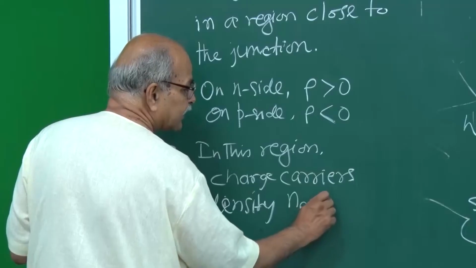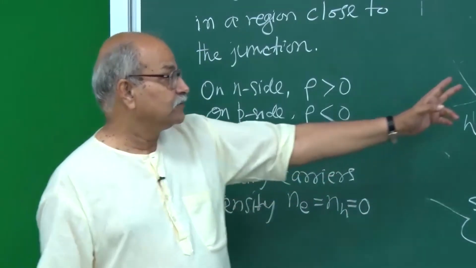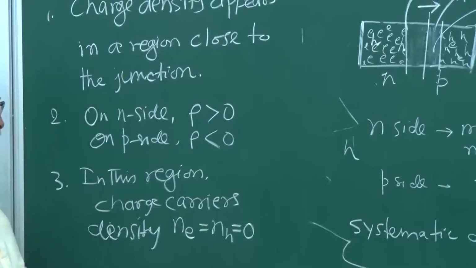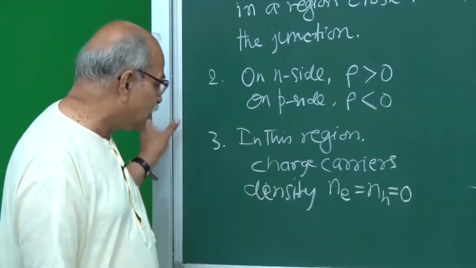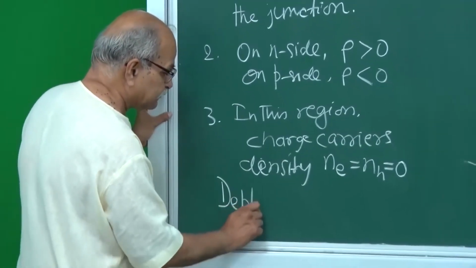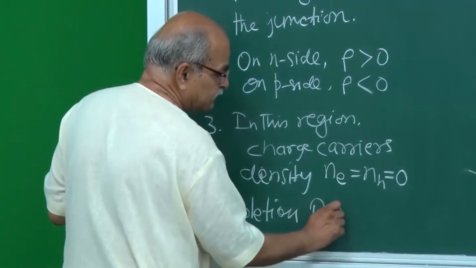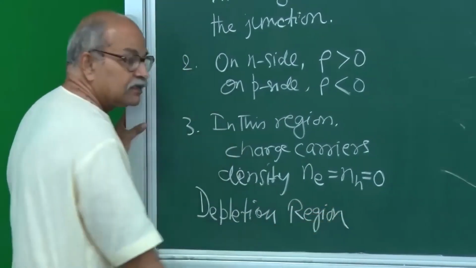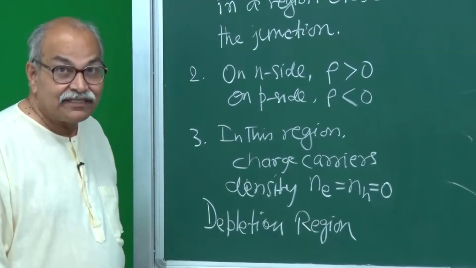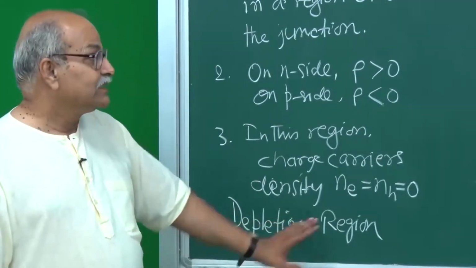Ne and Nh become 0 only in this region. So, this particular region is known as the depletion region. This is the region which is depleted of charge carriers. It does not have charge carriers. That is why it is known as depletion region.